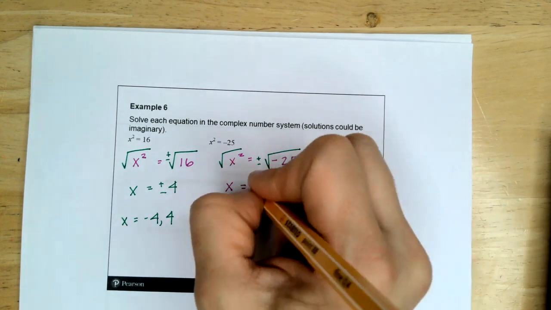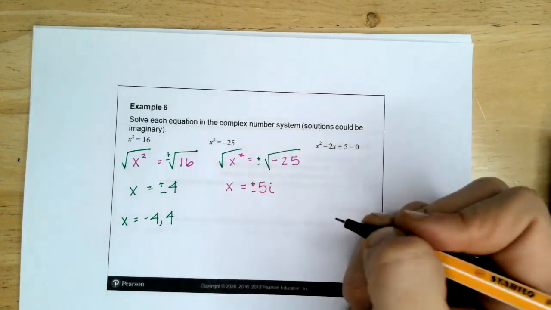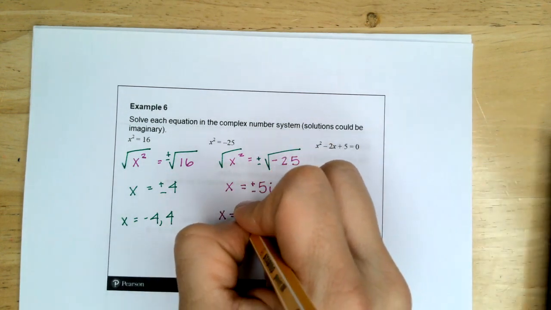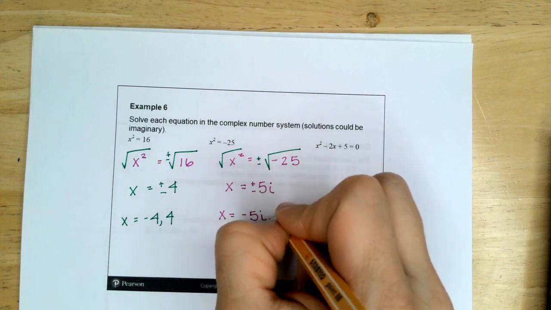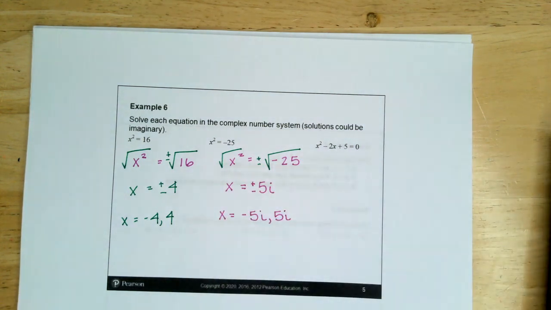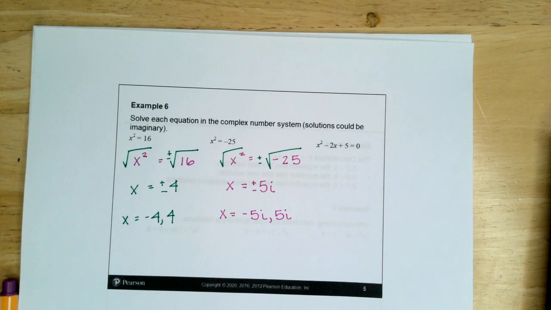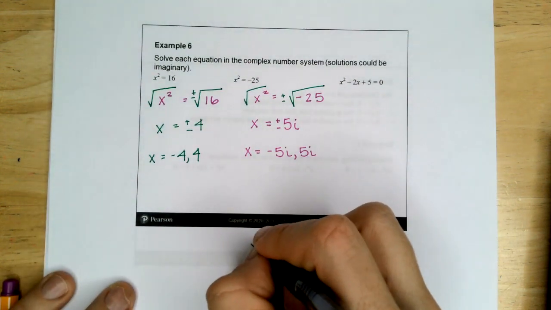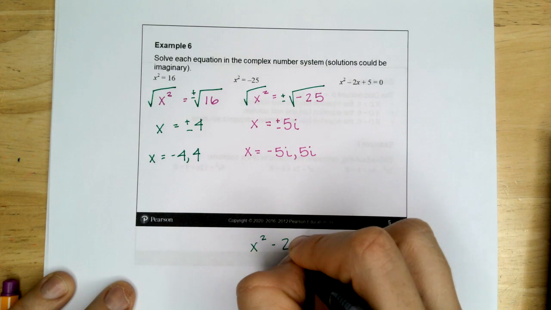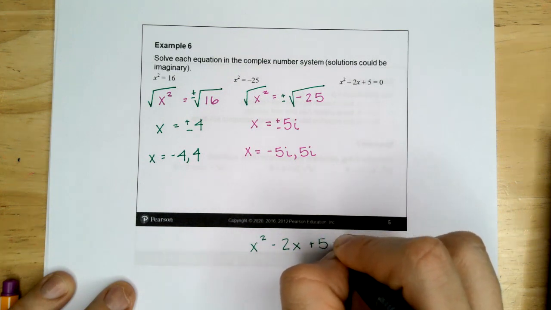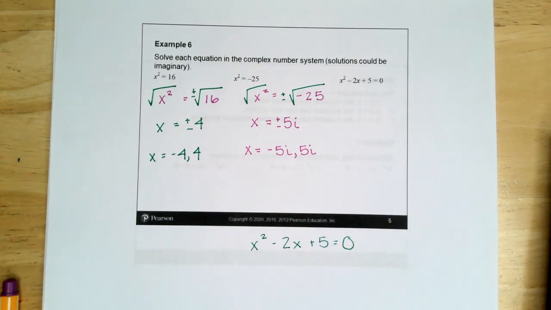We decided that. And it's positive 5i and negative 5i. So x is negative 5i, 5i. All right. Last one. x squared minus 2x plus 5 is 0.